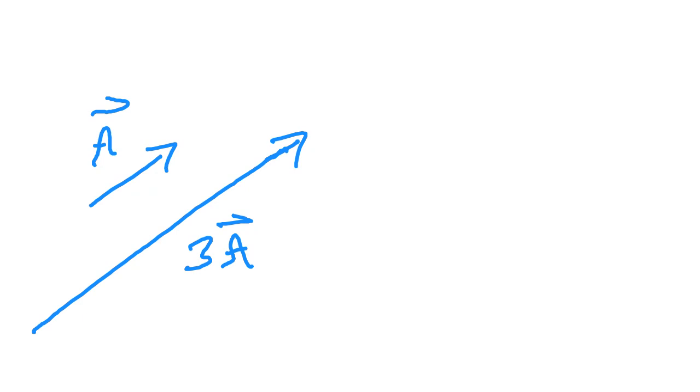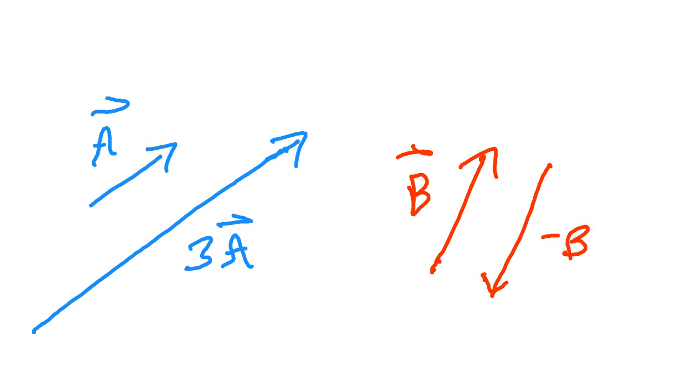Let me look at another one. If I've got b vector here, we could have minus b vector, the same length, ideally. So this is minus b vector, same vector, opposite side. So that's multiplying by a negative scalar. I could do one more here.